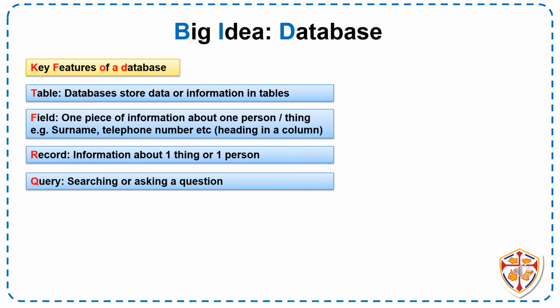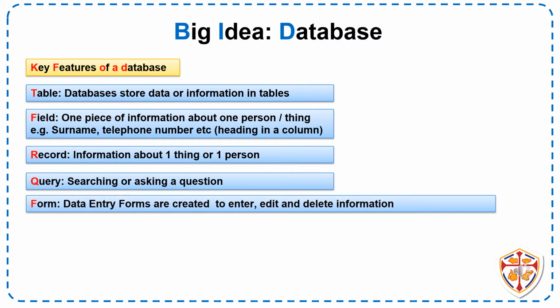A record is information about one thing or one person, like a student, their name, address, date of birth, all about them. Or a car. It could be about the make, the model, the colour, the engine size, etc.